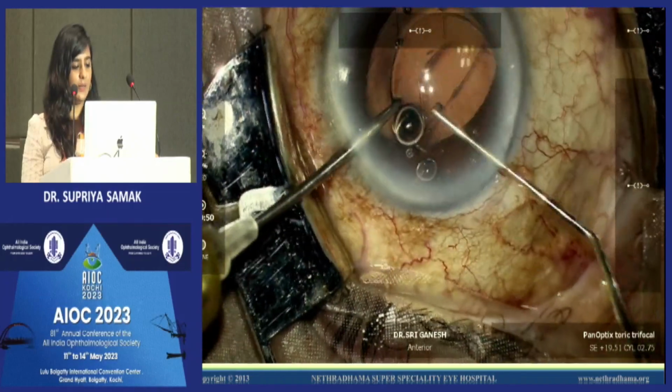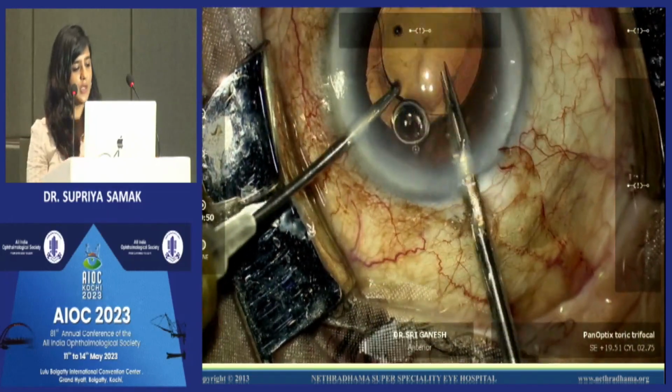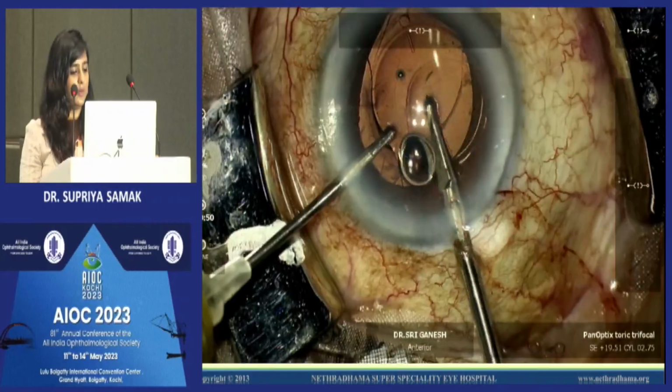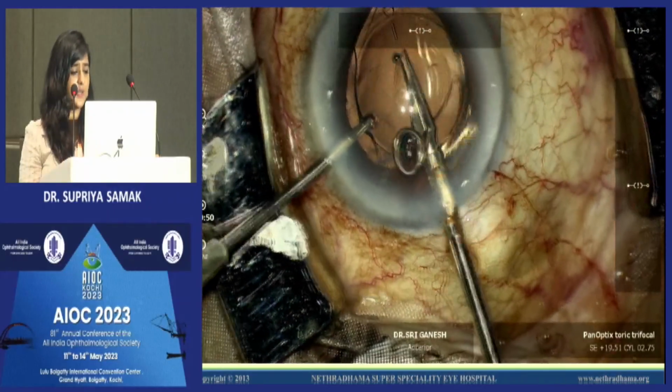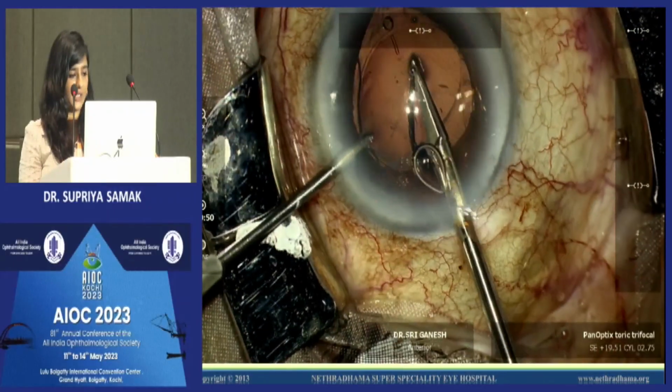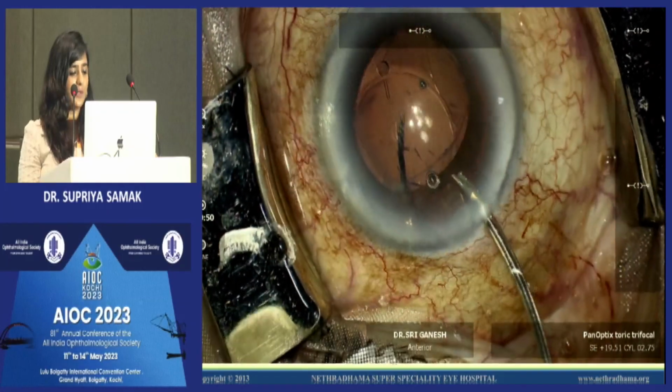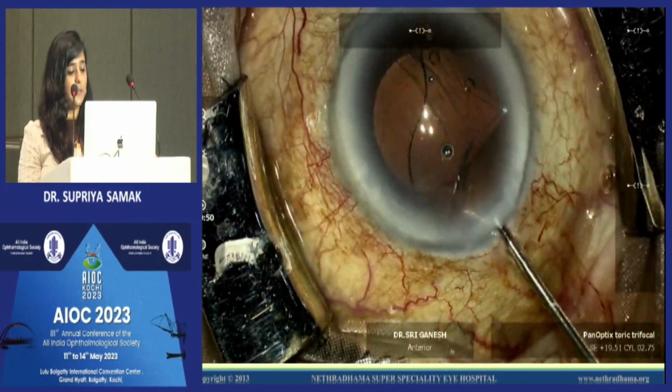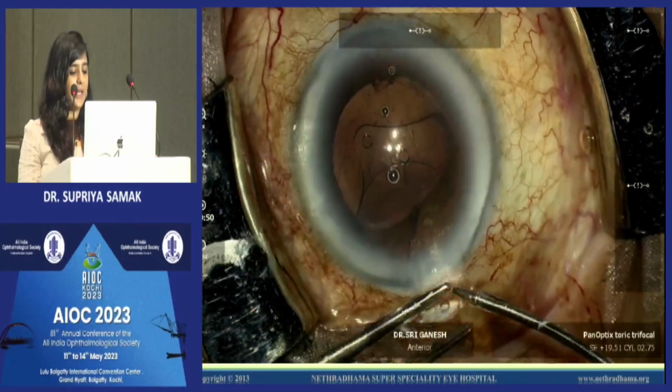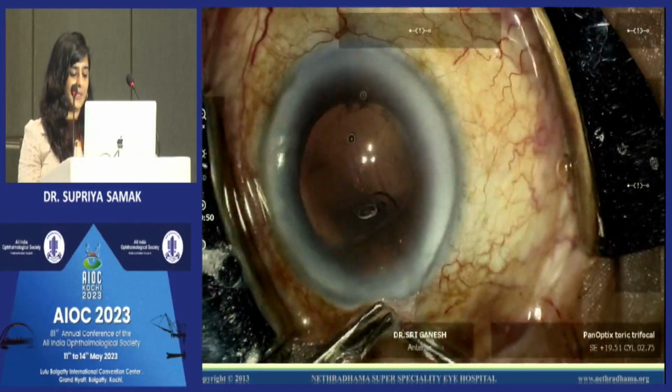This is the same set of instruments which is used, which is the micro forceps, which is used to grasp the optic haptic junction. This is again cut 3/4 of the way, and the same forceps is used to bring out the plate haptic multifocal lens.